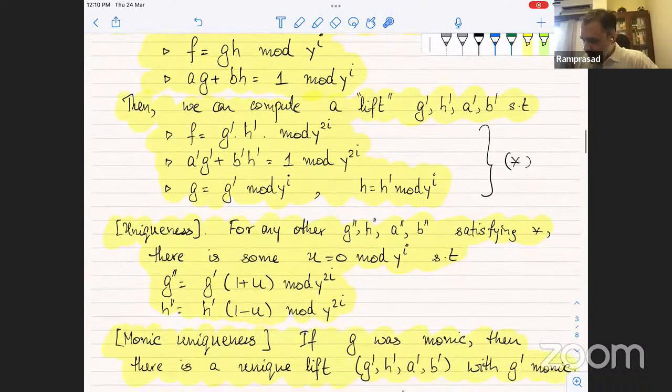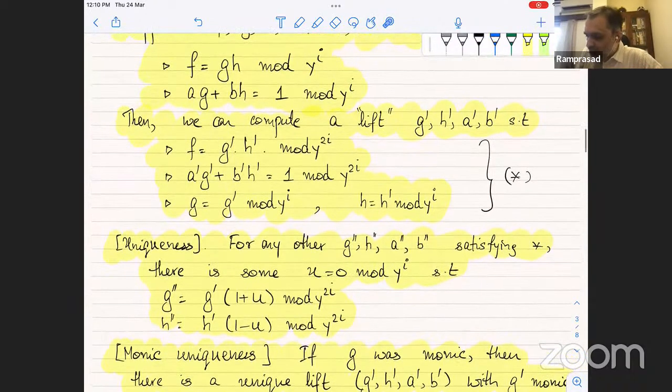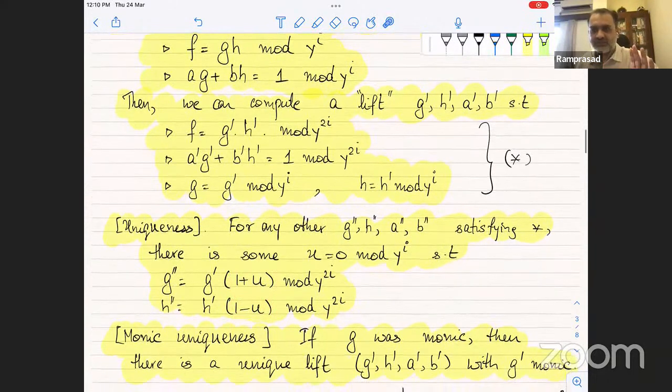Okay. And now coming back to Saurav's question, which is why did we care about uniqueness? The uniqueness is important because suppose you know that F is monic and G is monic, and then I ask you to lift it to some G prime, which I also want to be monic. Then this uniqueness is truly unique. This 1 plus u, 1 minus u factor just goes away.